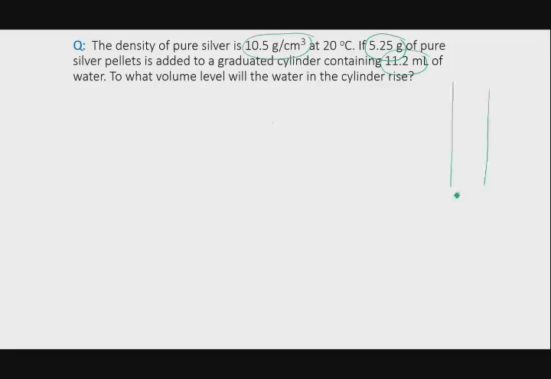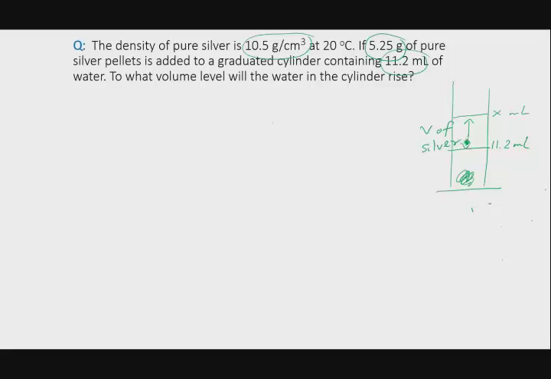So once again, if you remember the picture before, this is the initial level, 11.2 mLs. When you drop the piece of silver in there, the level of the water will rise to a certain level, let's say X mLs. And the difference in the two volumes is the volume of the silver in this case.